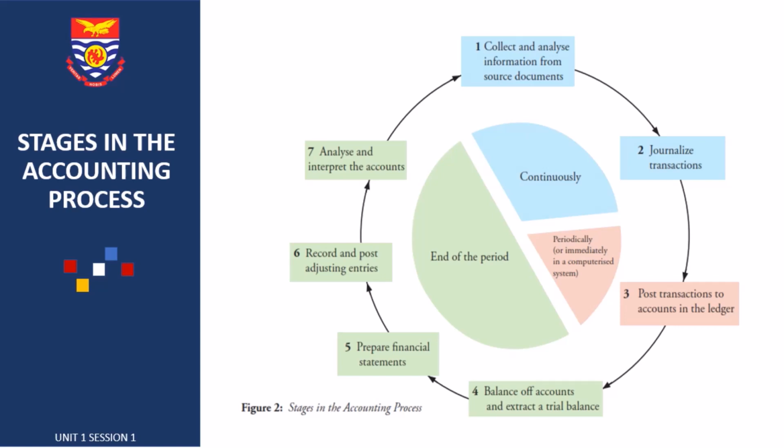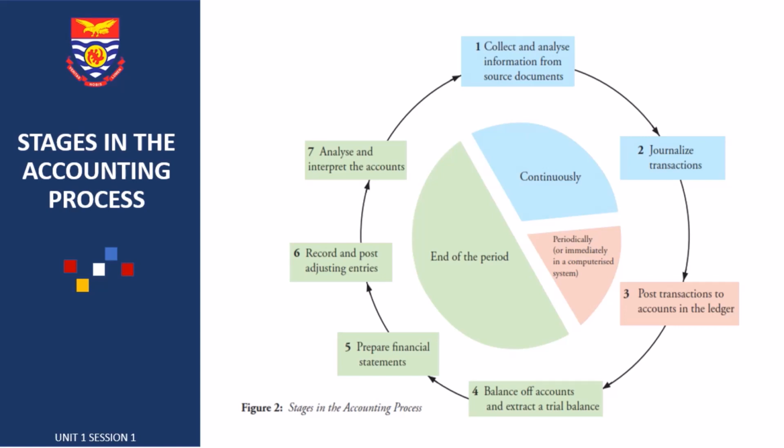Special accounts are created to record this information. These accounts are stored in the ledgers. We have several ledgers, and we shall come to look at the ledgers in detail in subsequent discussions. Recording in the ledgers or accounts is done periodically, or immediately as in a computerized system.